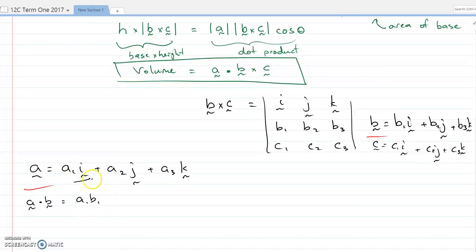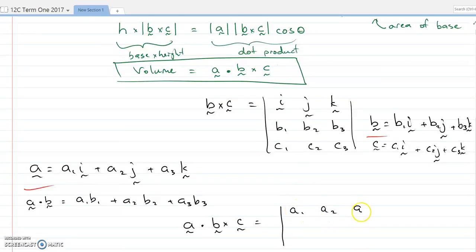Just look at the i here and the i here, and multiply those numbers together, and the same with the j's, A2 B2. So what it boils down to is that I can actually just replace the i, j, and k up here with my A1, A2, A3, and keep everything else the same.